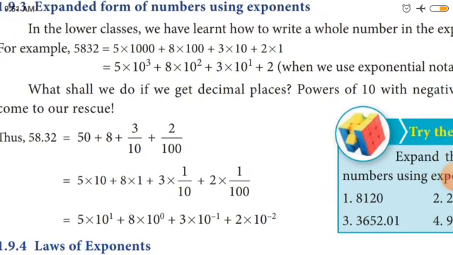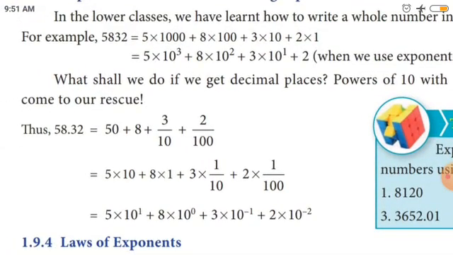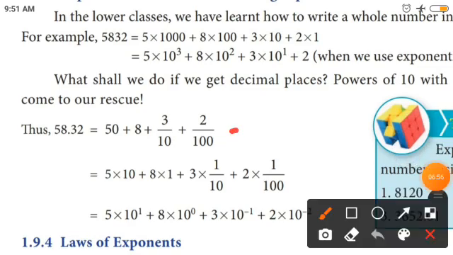Next, 58.32 is equal to 50 plus 8 plus, in decimal form, 3 by 10 plus 2 by 100.